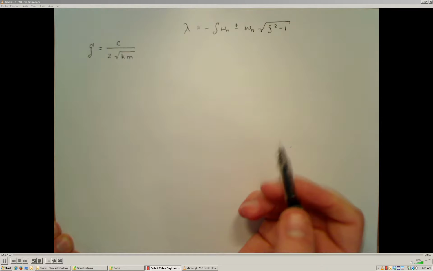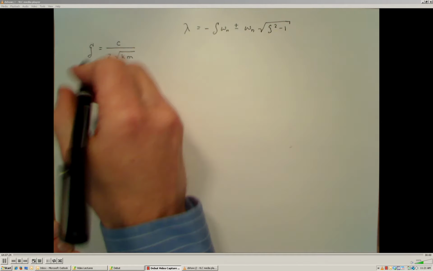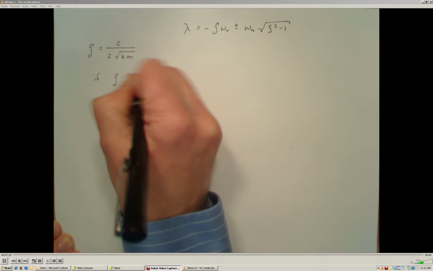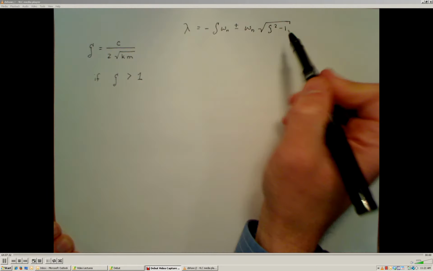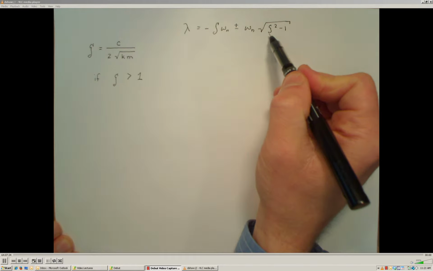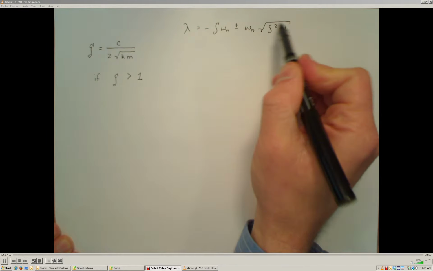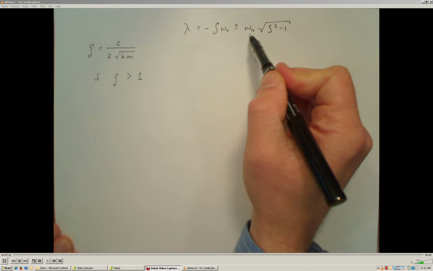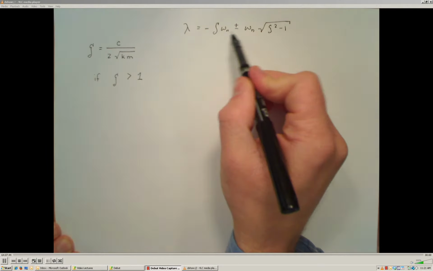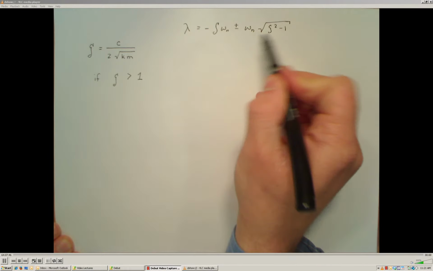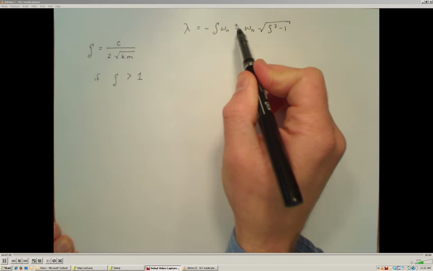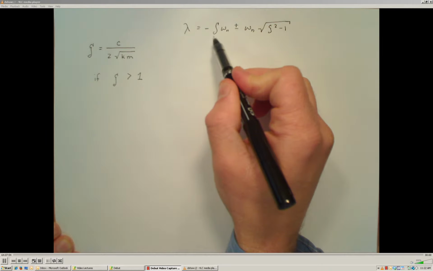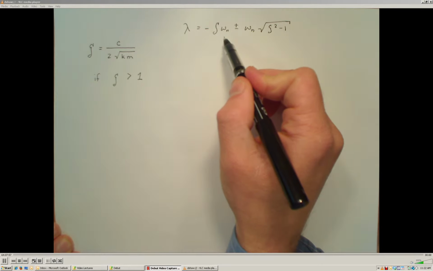Okay, so the first case that we're going to look at is what happens if the damping ratio is greater than 1. Well, if the damping ratio is greater than 1, then the term under this radical is going to be positive, and we can take the square root of that, multiply it by the natural frequency, and in that case we're going to have a real value that can be added or subtracted from this value, which is the damping ratio times the natural frequency.